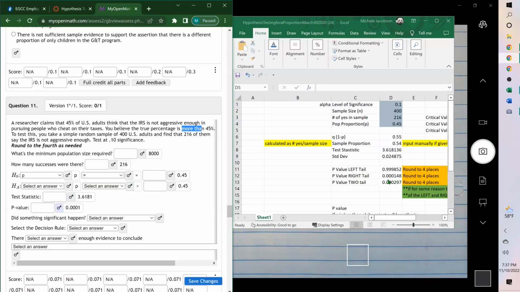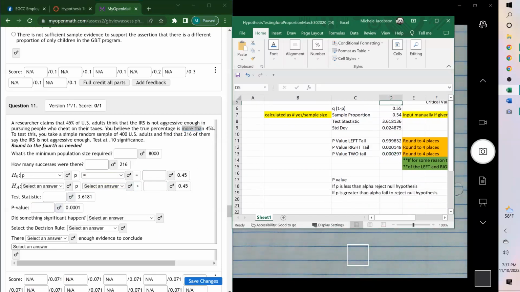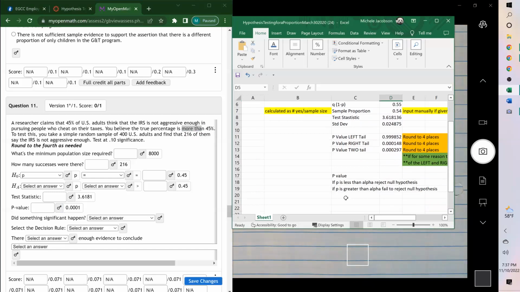This one here, 0.0001. And if you look over here, if the p-value is less than alpha, you reject. Alpha was 0.1. The p-value is definitely less than 0.1, so we reject.